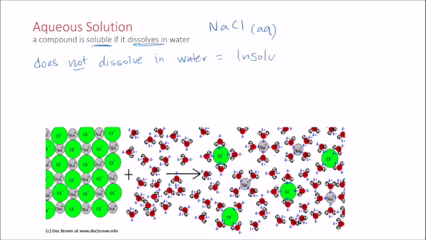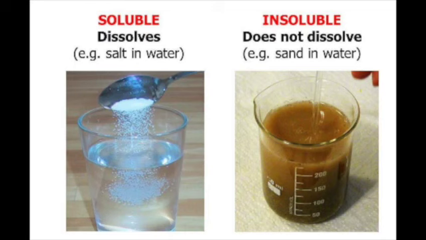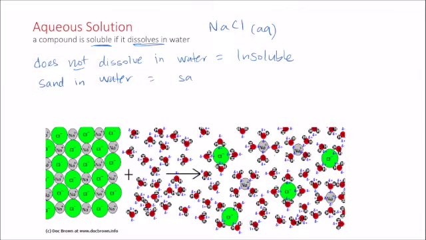Insoluble, such as if you've ever put sand in water, that doesn't dissolve. So for sand in water, you could write the chemical formula for sand, but you would write an S for solid.